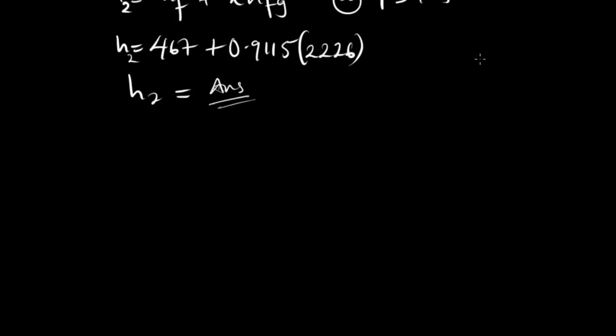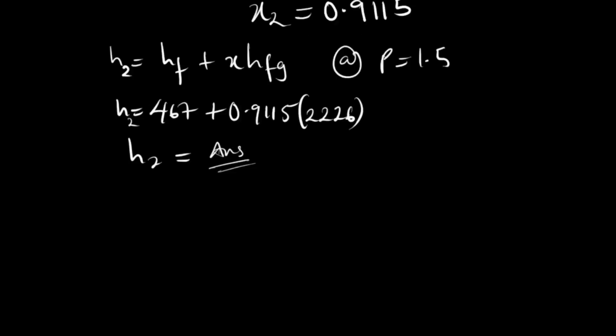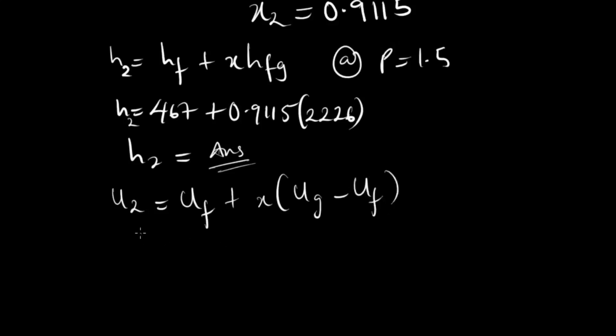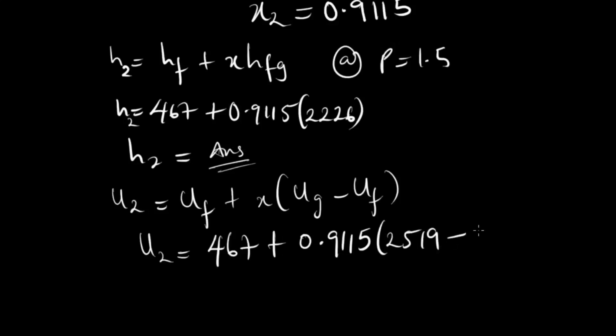For the internal energy, you can say U2 is equal to UF plus X times UG minus UF. The values of UF and UG you get from the table.